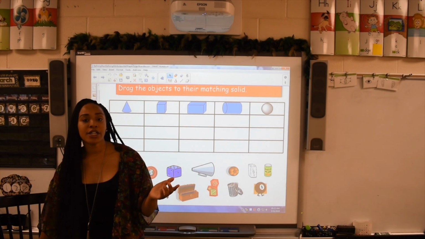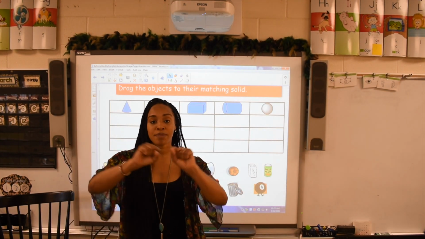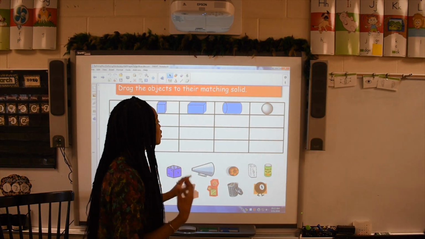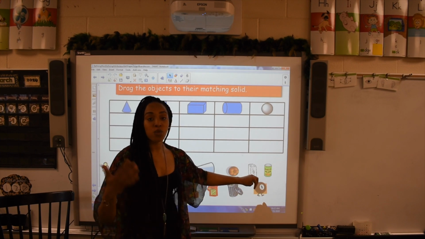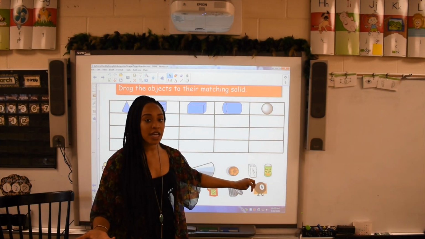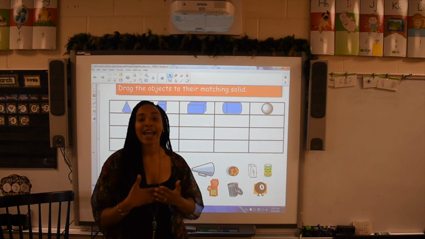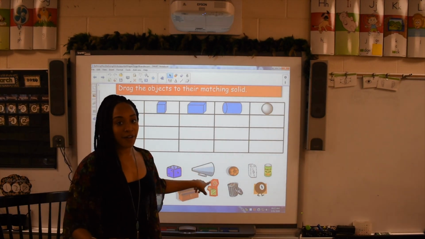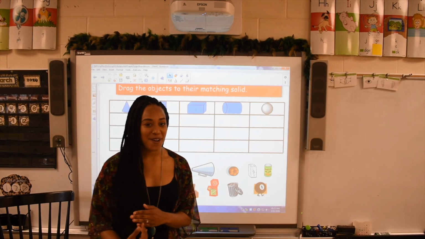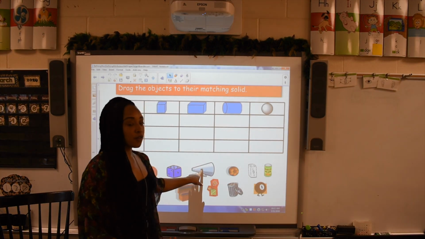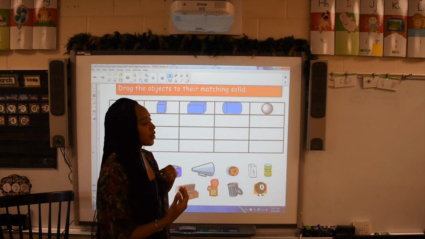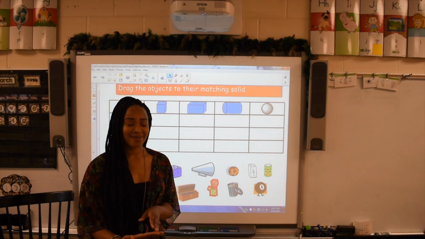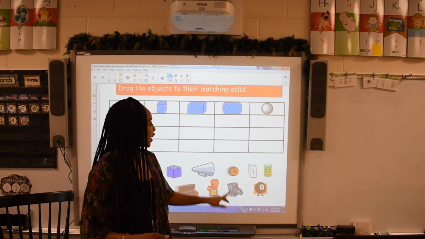Awesome. So what we're going to do is we're going to sort. Remember, sort means to put in groups. We're going to sort these pictures of real-world examples of 3D shapes underneath the correct category that it goes in. So first, we have a megaphone. I know you guys have seen Miss Keesee's megaphone at recess. A megaphone. If we're looking carefully, what 3D shape is it? It is a cone.